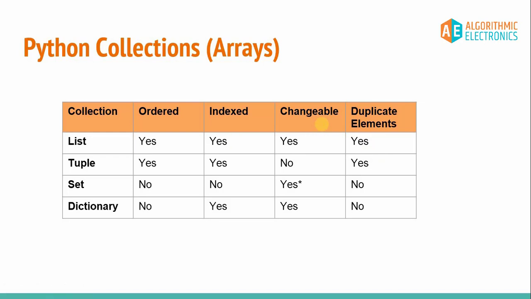When I say a list is changeable, that means we can add an extra element to it, delete an element from the list, and even change the value of a particular element. Secondly, duplicate elements are allowed inside the list. A list can have two similar elements. For example, z is equal to 1, 1, 2, 2, 3, 3.